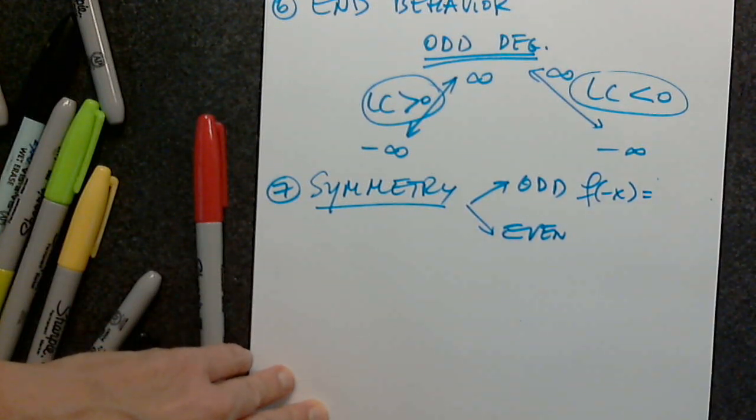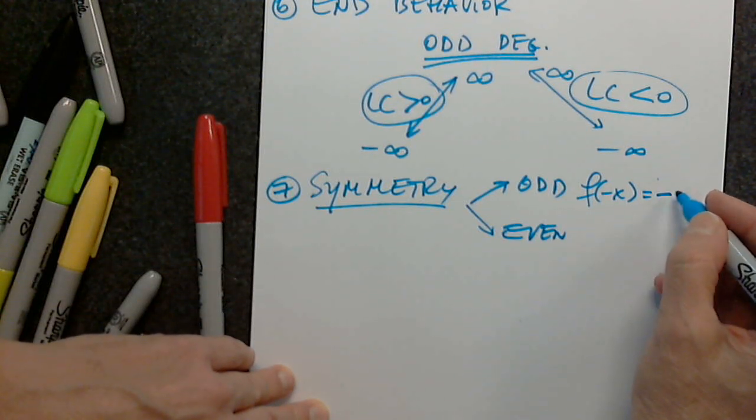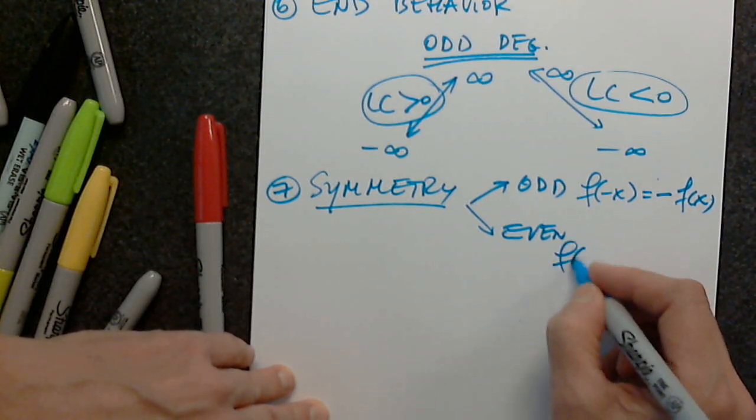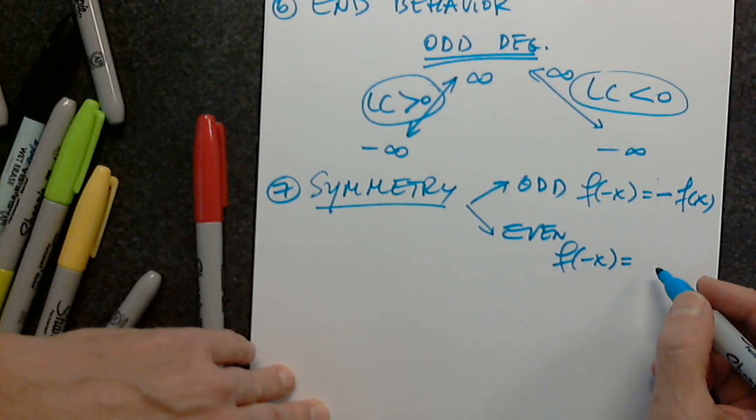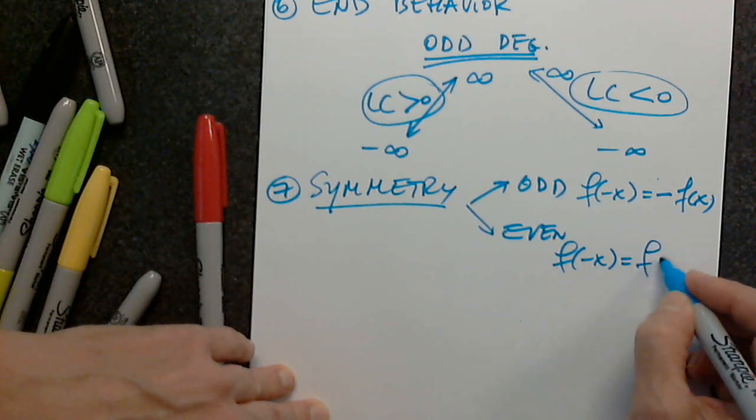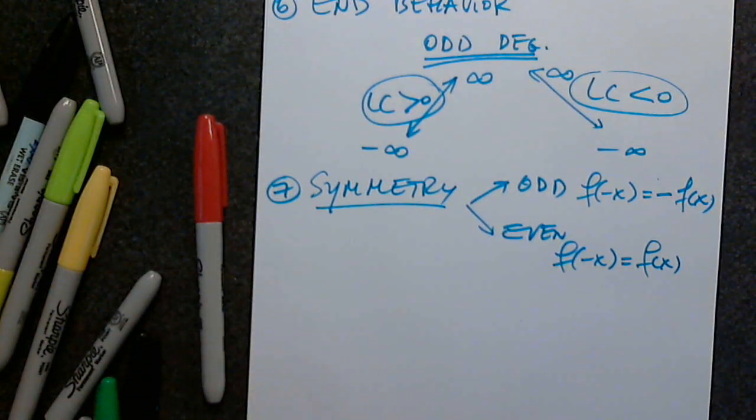What does f of negative x equal to for odd? Awesome. What does it equal for even? So f of negative x equals f of x for even, and f of negative x equals the opposite of f of x for odd.